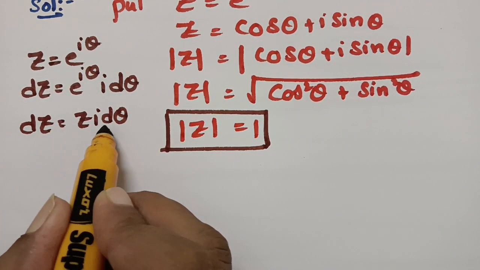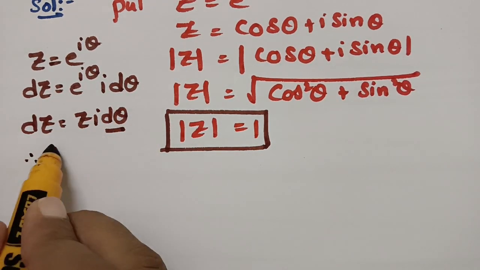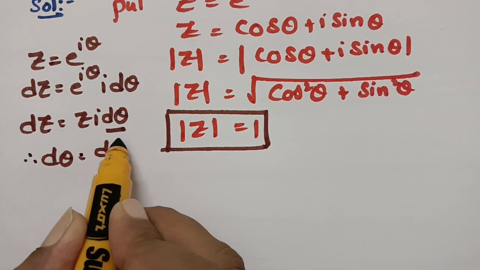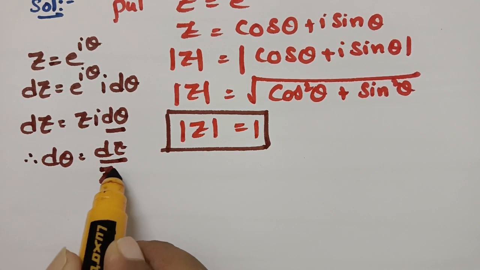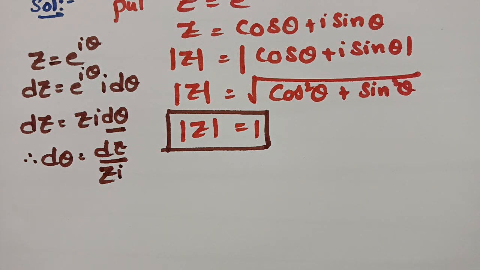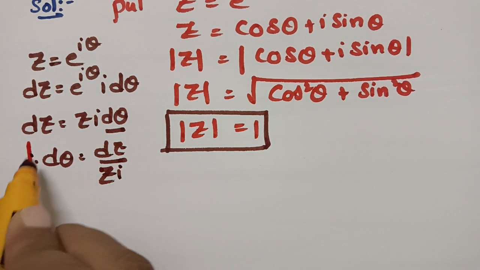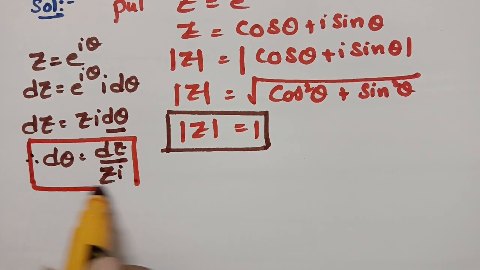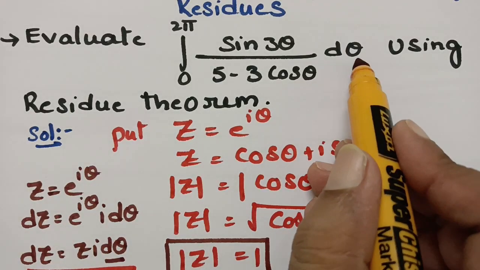I want the d theta value. Therefore d theta is equal to dz by zi. So we got this d theta value.